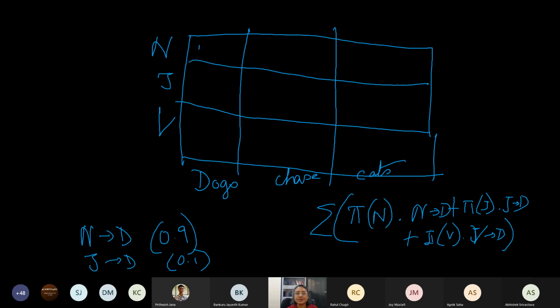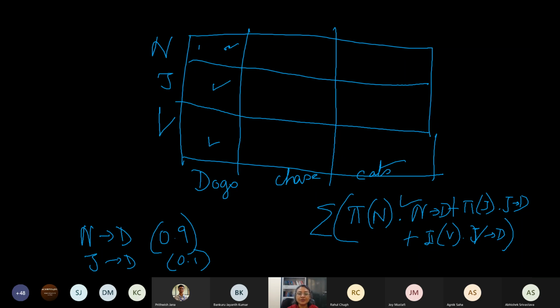Now I come to chase. Chase can be noun or adjective or verb, and we have the emission probabilities and we have the transition probability. So suppose we have these probabilities here that we have computed: that dogs is a noun, dogs is an adjective, dogs is a verb.